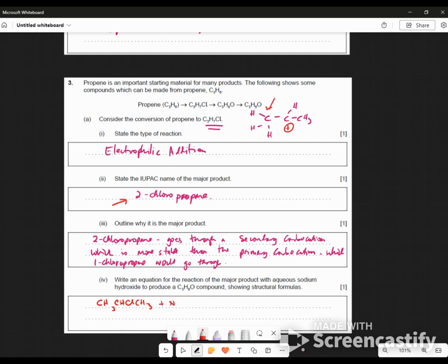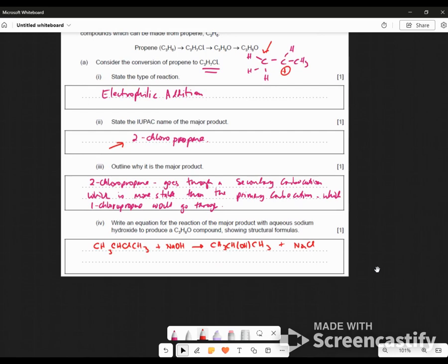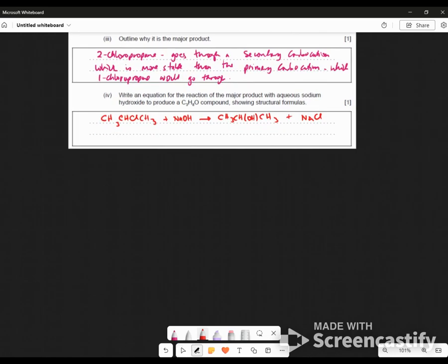If we react it with sodium hydroxide, it's going to be a substitution reaction, and the CH3CHOHCH3 forms. The OH is going to take the place of the Cl, plus NaCl. Okay, there you go, piece of cake. That's nice and easy. That's just reacting with sodium hydroxide, and the halogenoalkane turns to the alcohol.